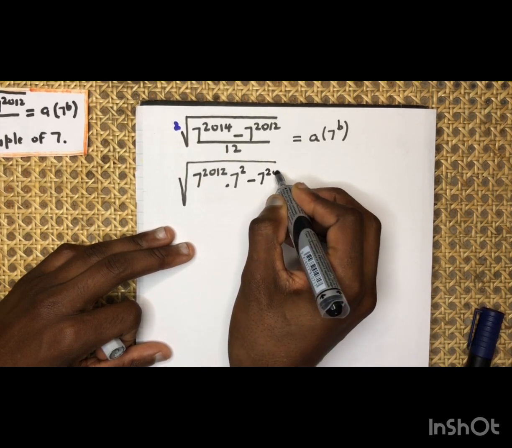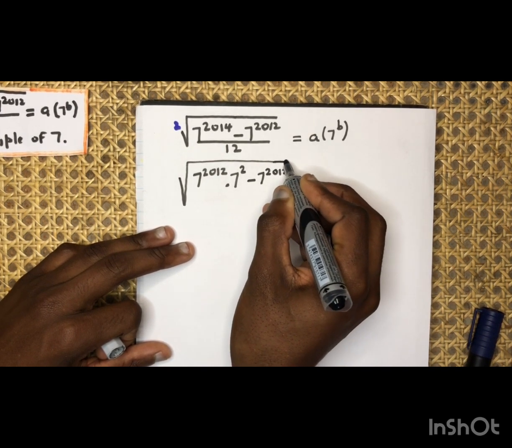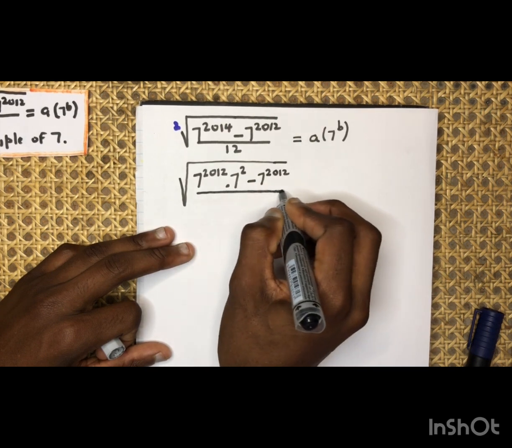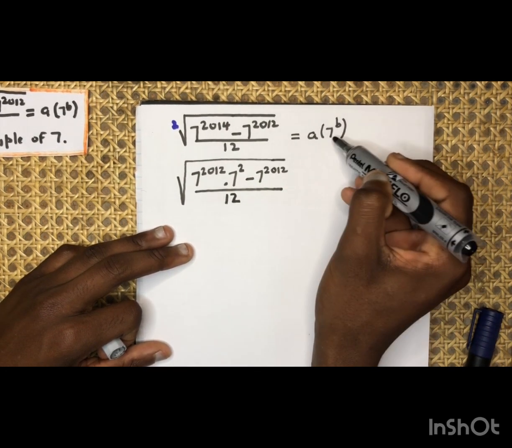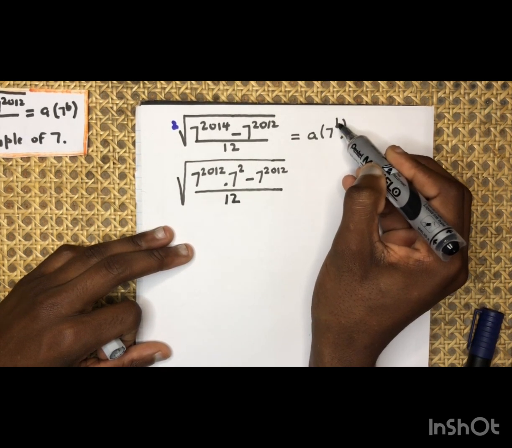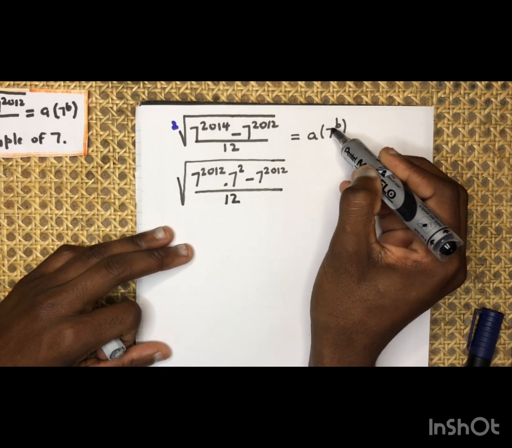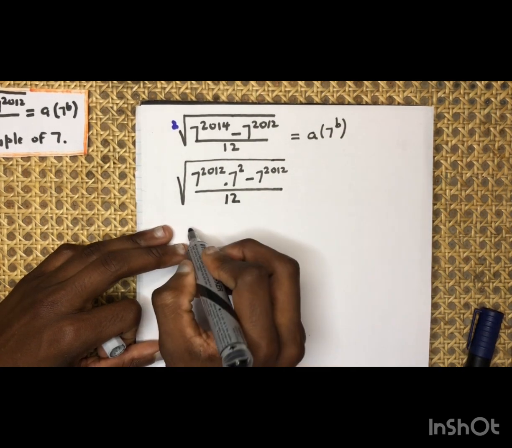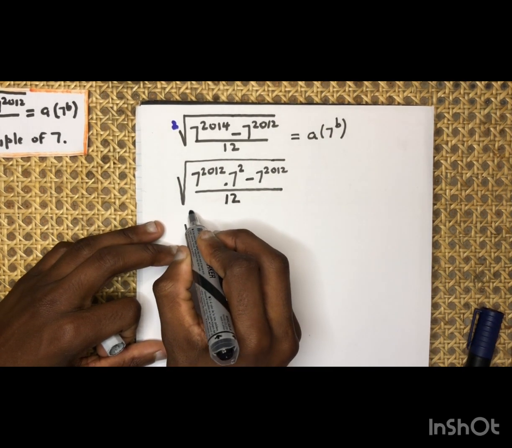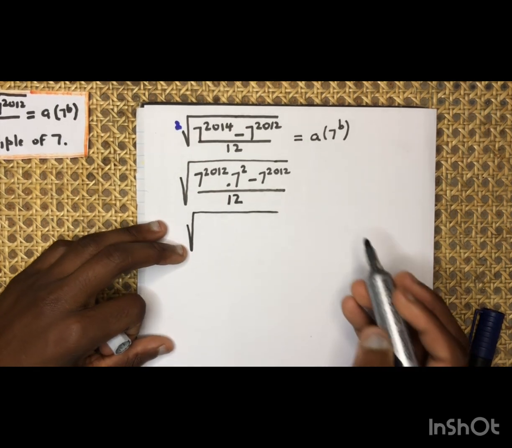So I'm going to keep this 2012 because I want to make 7 to the power 2012 my common factor, all over 12. We can see that whatever we have to the power b must be 7, because we were already given 7 here. So then I have the square root again. Now speak to me, my people.